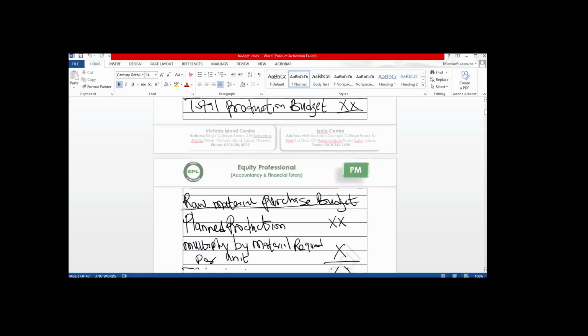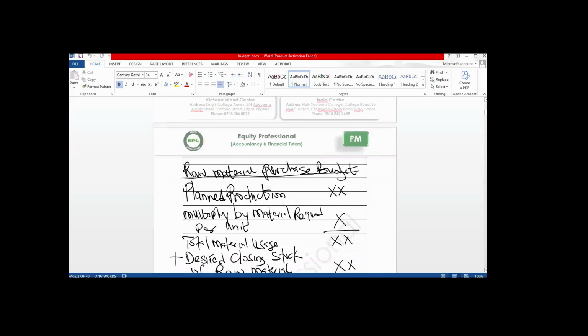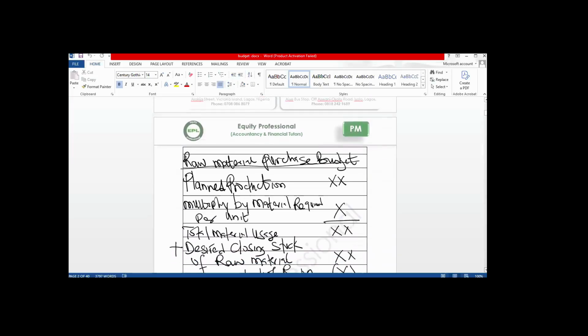We also have raw material purchase budget. Your raw material purchase budget is prepared from the production budget.